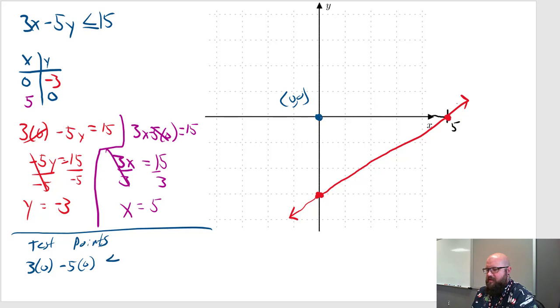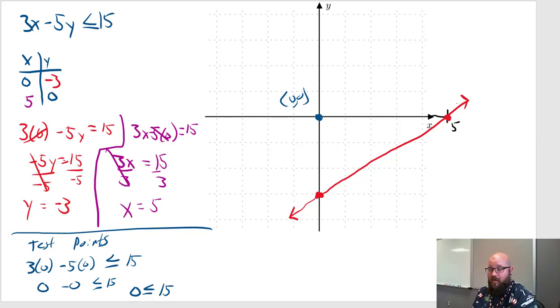And if that is less than or equal to 15, well, we have 0 minus 0 less than or equal to 15. Well, that checks off, right? Because we have 0 is less than or equal to 15.